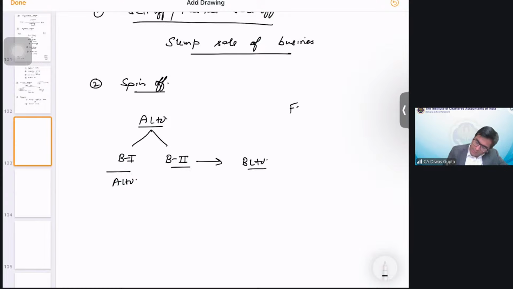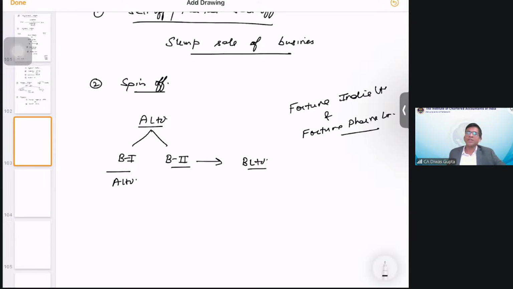The similar case of Fortune India Limited and Fortune Pharma Limited, the one that we have discussed, that is called spin-off. So by transferring one of the businesses to a new entity, that is called the spin-off. Clear? So we are spinning the business off into a new entity.